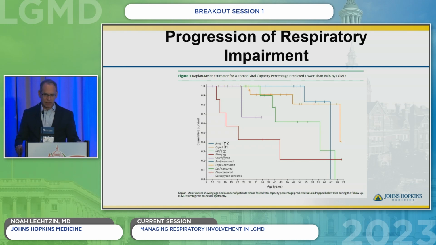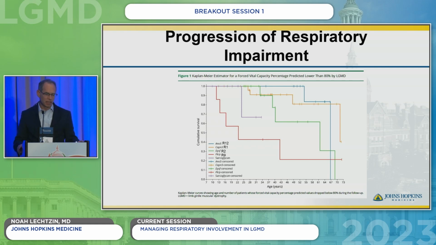So another way of looking at this is a graph showing time to development of respiratory muscle weakness. So again, they define that as a vital capacity less than 80%. It's age across the x-axis there, so going all the way from 7 years old to 73 years old, and the percentage who have developed respiratory muscle weakness is on the y-axis, the vertical axis there. And similar to what we saw before, the R9 is that lower curve to the left.